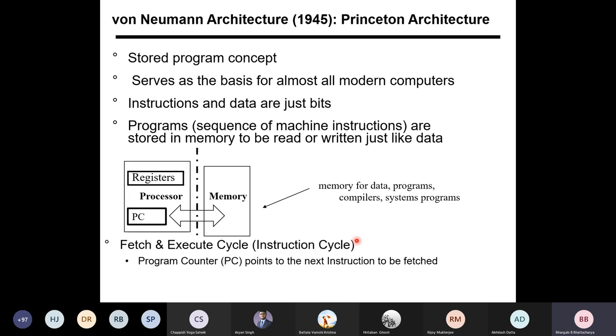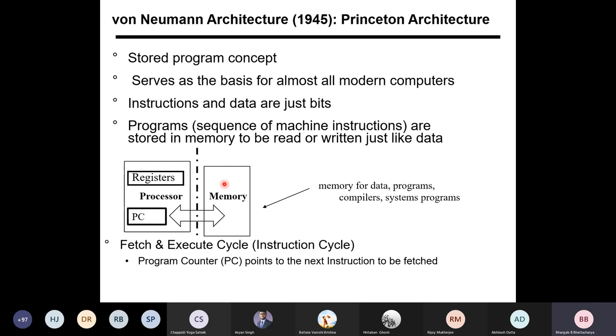We'll discuss that. And there would be a program counter, a special counter here, which is called PC. And the PC points to the next instruction to be fetched from memory. So initially the PC is loaded with some value, which gives you the address of the first instruction which is stored in memory.